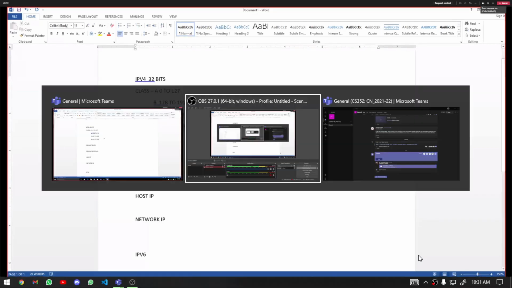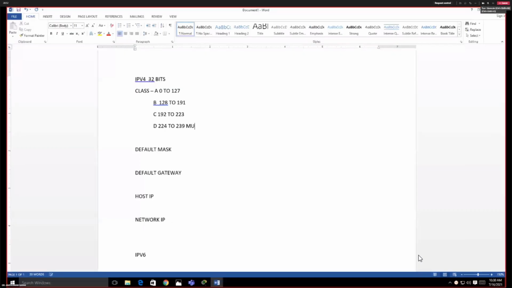But class D is reserved for multicast purposes, so we should not use a class D IP address in our computer. And class E is reserved for experimental purposes.